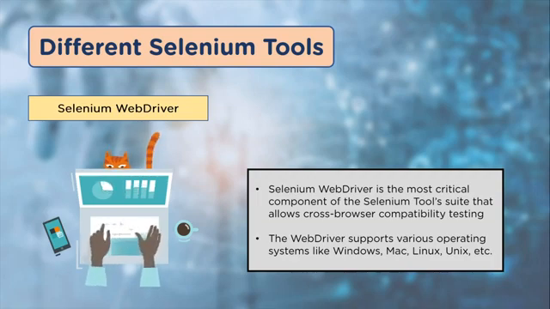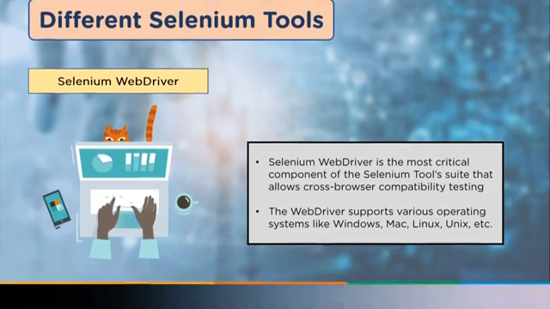Along with it, it supports different browsers like Chrome, Firefox, Opera, Safari, and Internet Explorer. The Selenium WebDriver completes the execution of test scripts faster when compared to other tools and also it provides compatibility with iPhone driver, HTML unit driver, and Android driver.